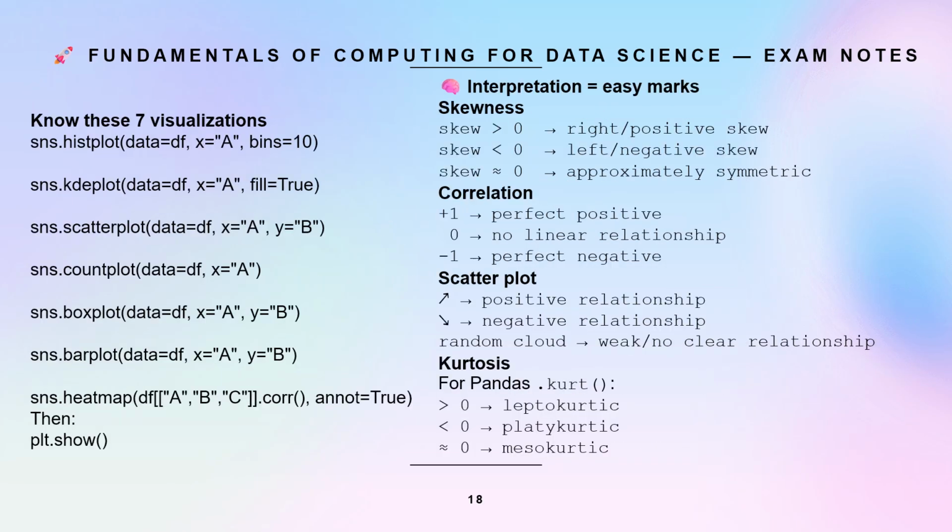Next, one important thing is that these 7 visualizations are very important. Irrespective of whether you don't know the others, that is okay, but these 7 are super duper important. plt.show is also important.